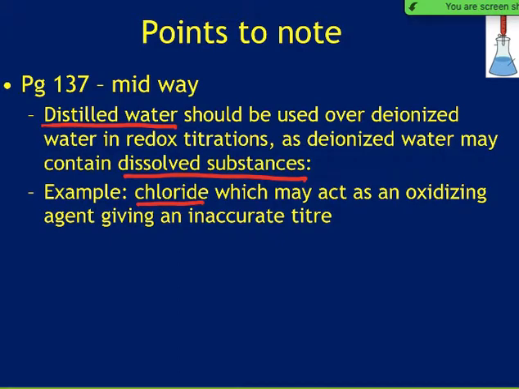So if you're giving her an answer, we're using distilled because of dissolved substances, and you're giving her the example. Okay, it's not enough just to say this, or only if it's a really good day.